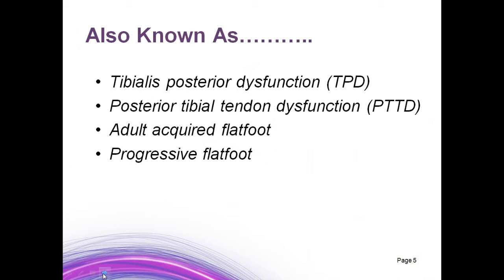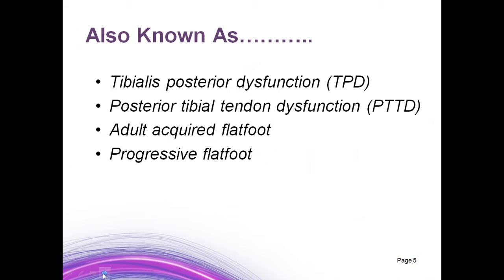In the United States of America, they tend to use the term posterior tibial tendon dysfunction. The reason we are choosing to stick with the term tibialis posterior tendon is that the tibialis anterior tendon is always referred to that way, tibialis anterior, and for consistency we refer to the tibialis posterior tendon dysfunction in a similar way.